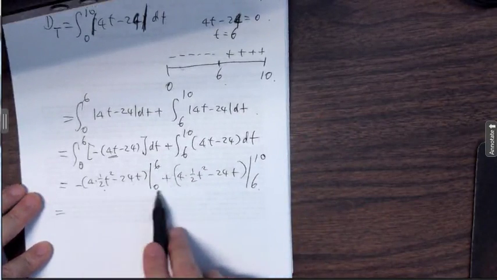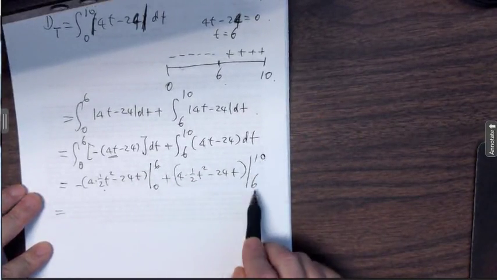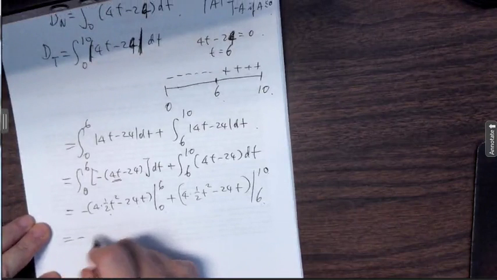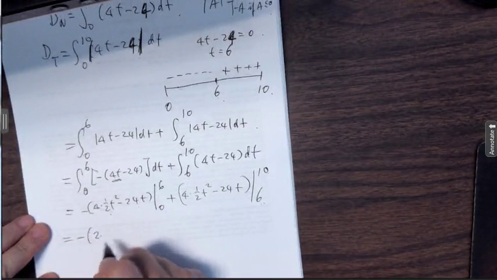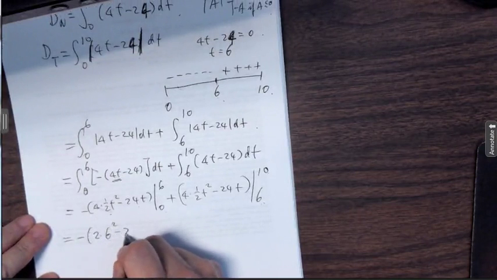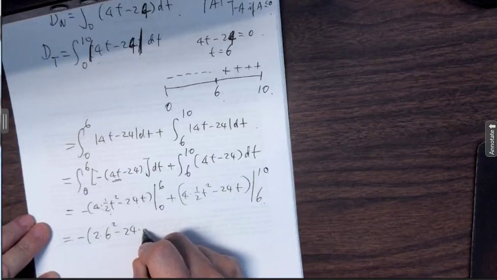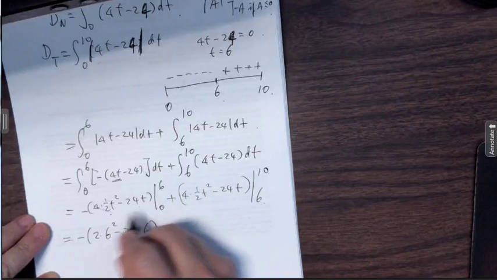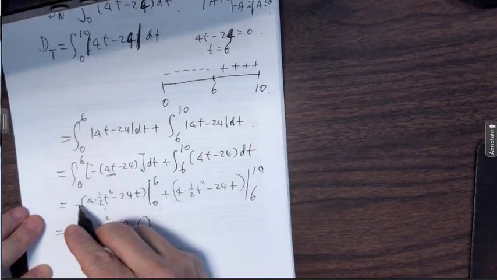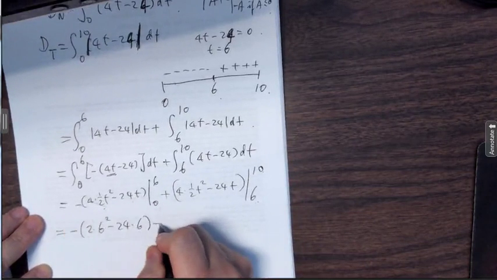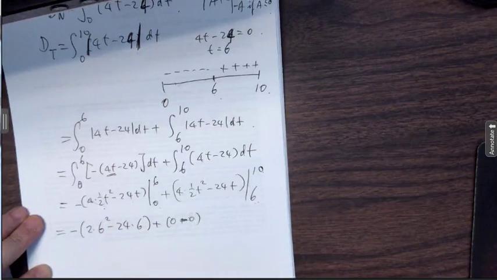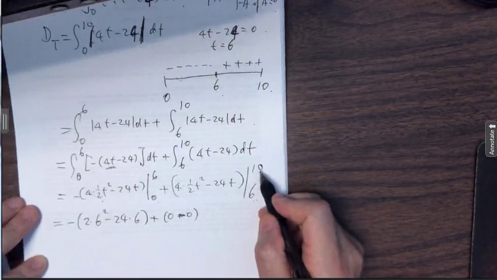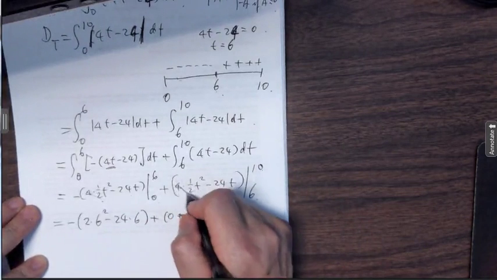You plug in 6 for t, 0 for t, 10 for t, 6 for t. So this is a 2. So we have 2 times 6 squared minus 24 times 6, and plugging in 0 for t, minus negative becomes plus. You're going to get zeros anyway here. Second term, you plug in 10 for t. This is 2, by the way.